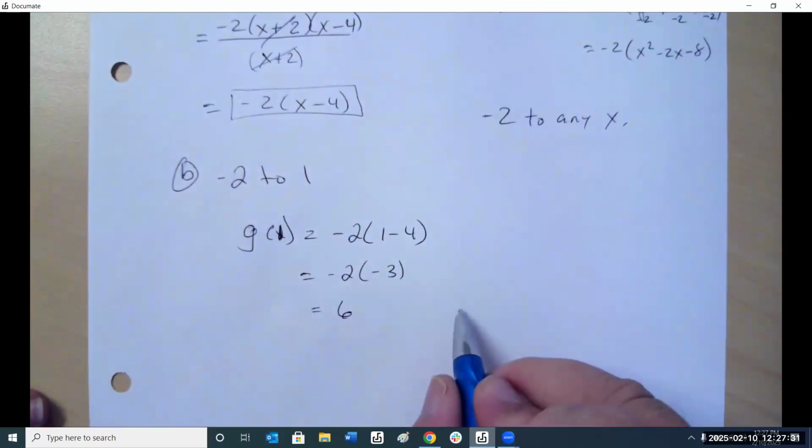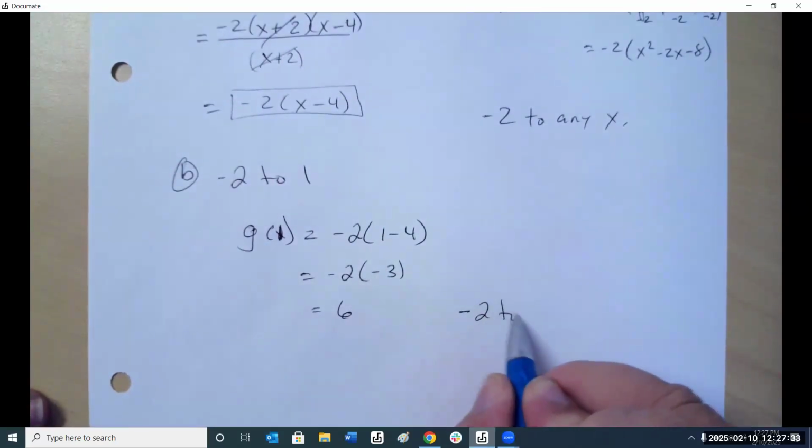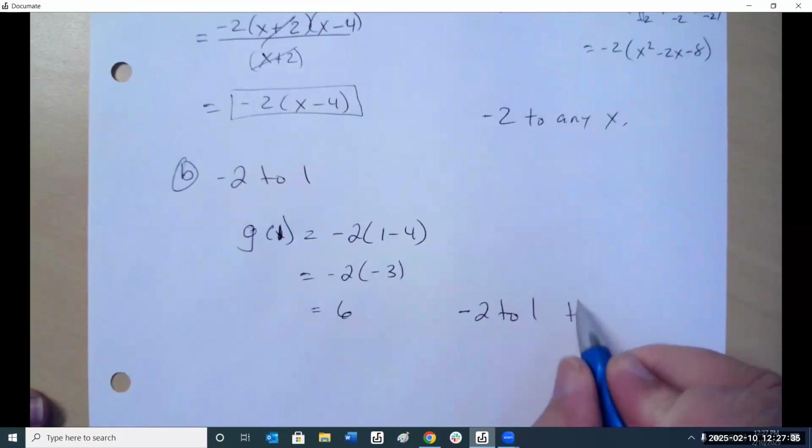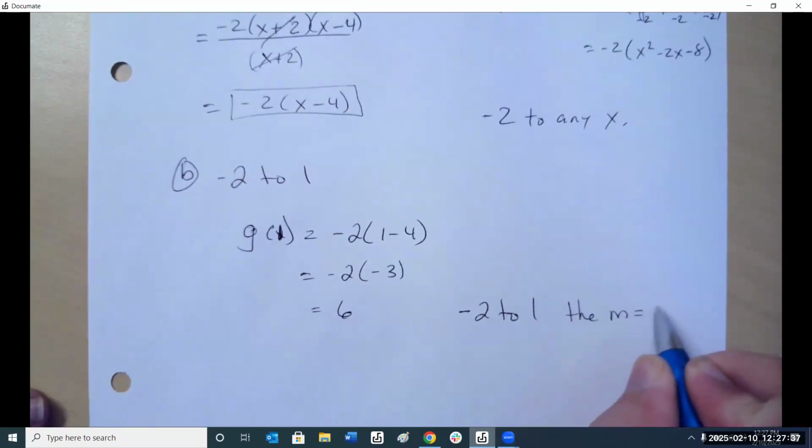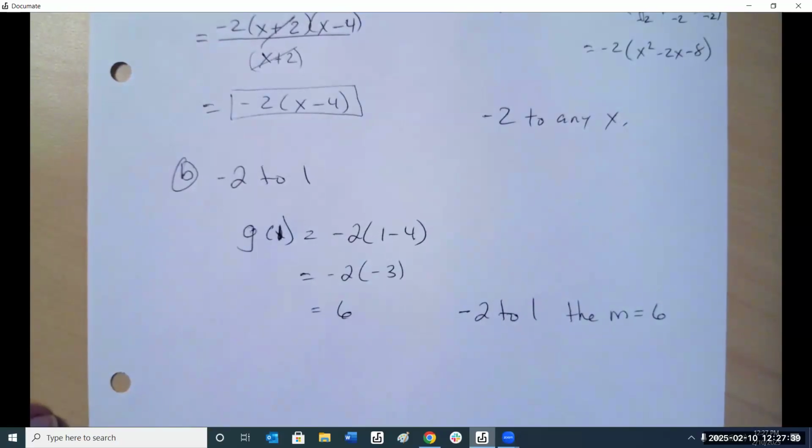So the slope from -2 to 1, the slope is 6. So far, so good.